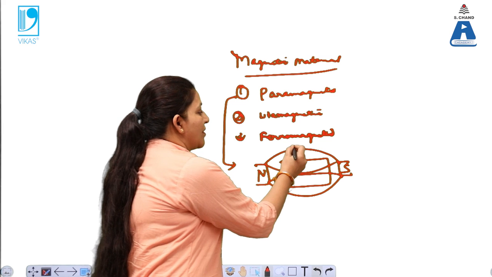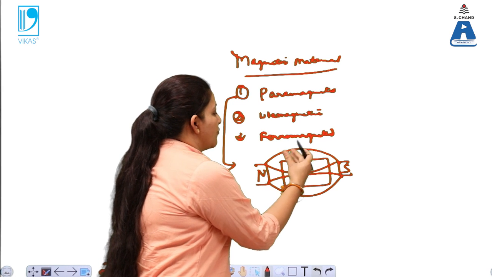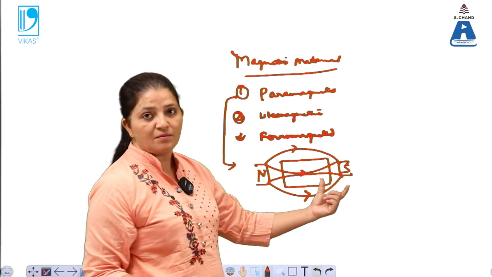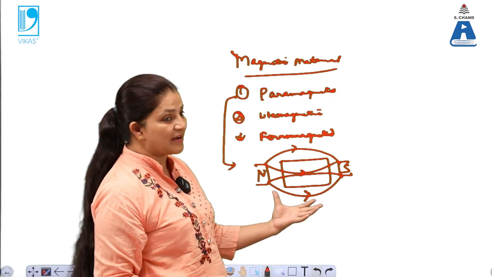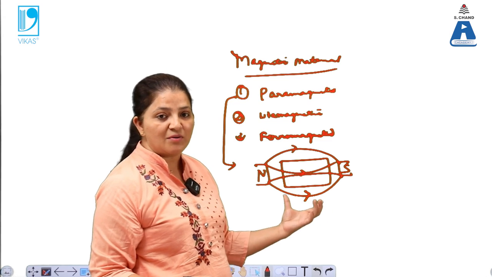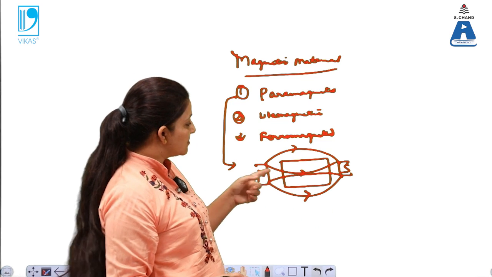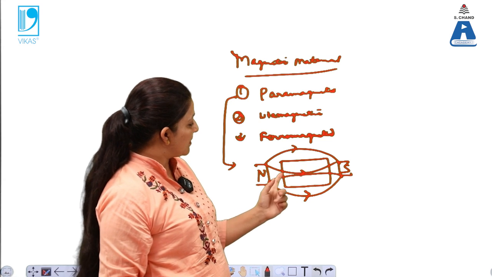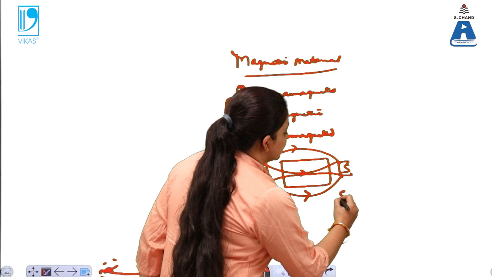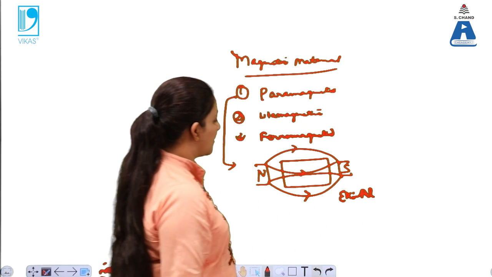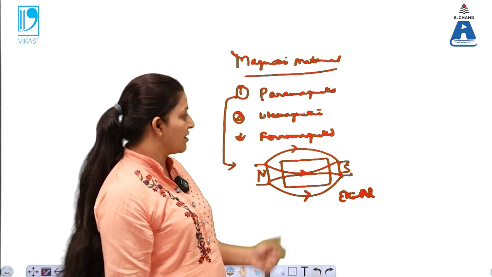So in paramagnetic materials, some of the lines of force are crossing the material. Means some of the lines are lost in these materials and some are crossing the materials. An example of these materials is aluminium. Such types of materials are known as paramagnetic materials.